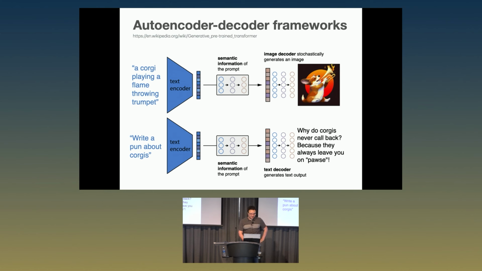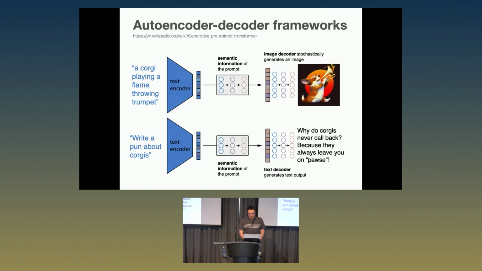If you put in a text prompt, like a corgi playing a flame-throwing trumpet, that goes into a text encoder, which looks at the text and tries to compress it down to its semantic content, the meaning of those words, using a sophisticated approach. This gets compressed into what's called the latent space, a semantic, hyperdimensional space that allows the computer to query the semantic content of that input.